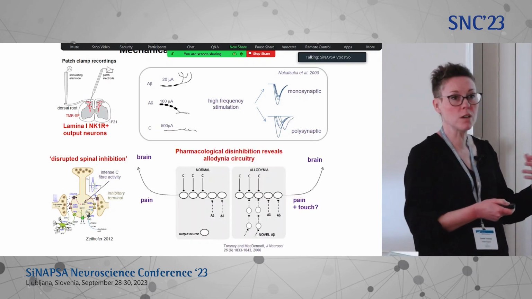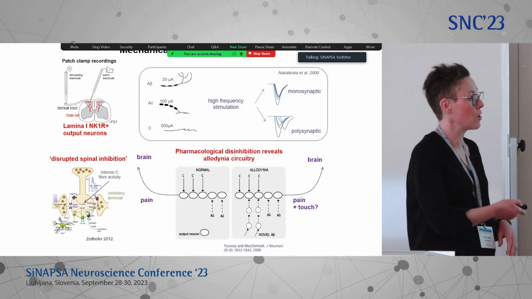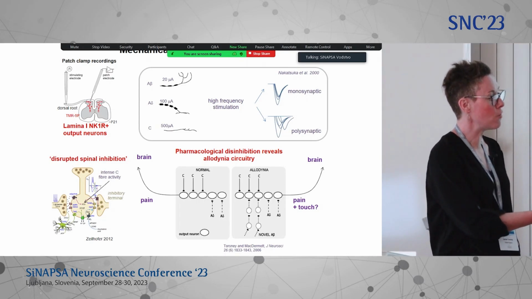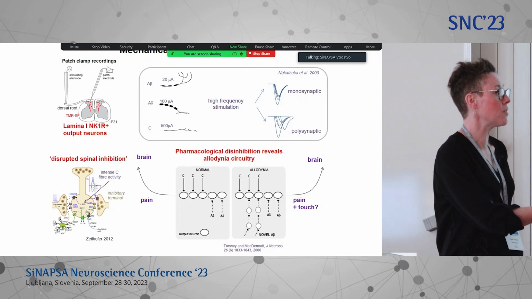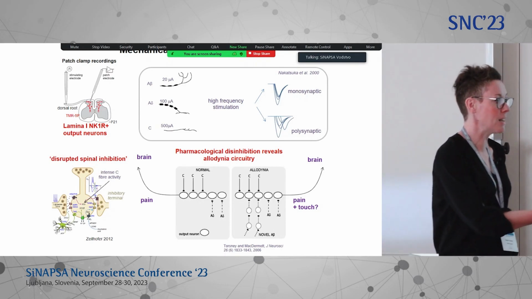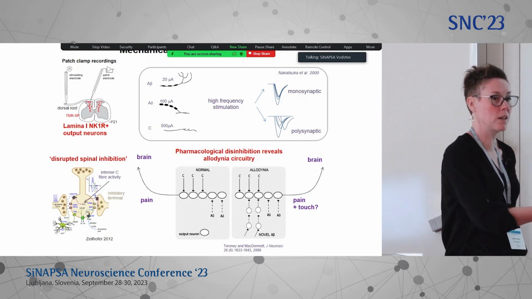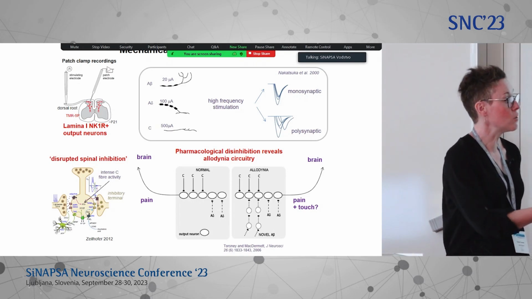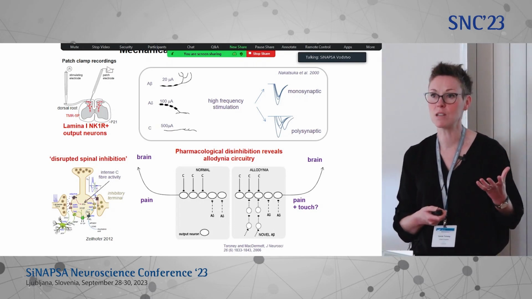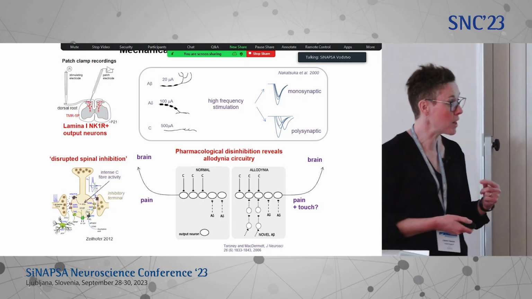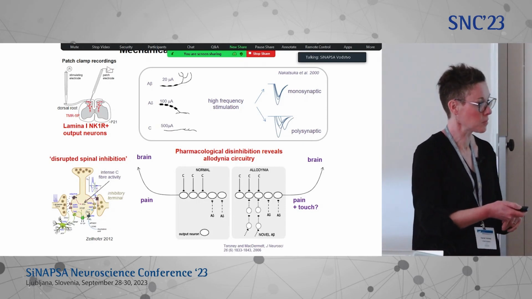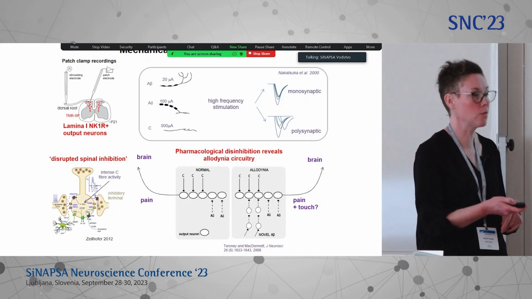So if we pharmacologically mimic this disrupted inhibition, this actually unmasks a novel input from A beta fibers to these projection neurons, and that is indirect via spinal neurons. So this means that touch information could now be sent in ascending pathways to the brain that would normally exclusively carry pain signals. So this may be relevant for allodynia.